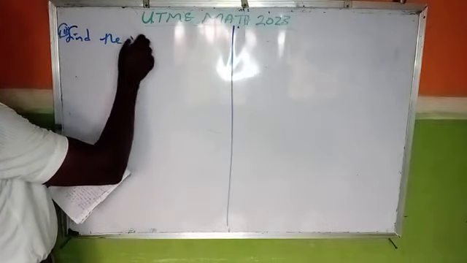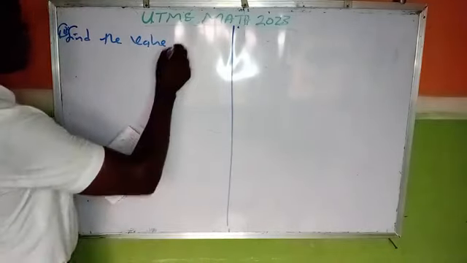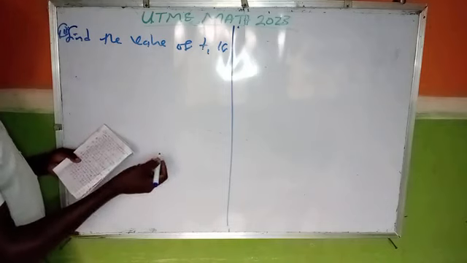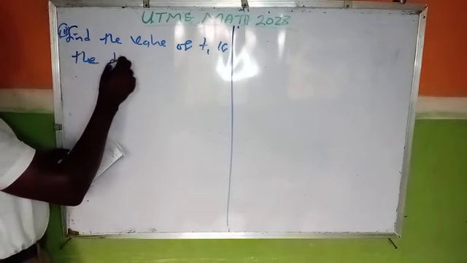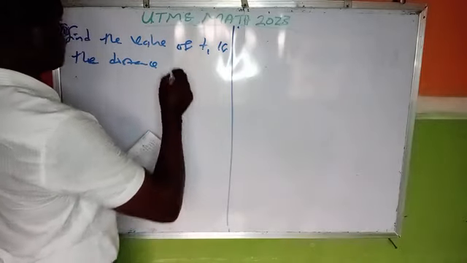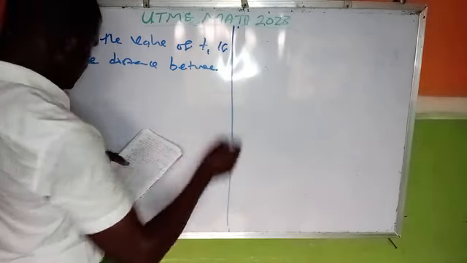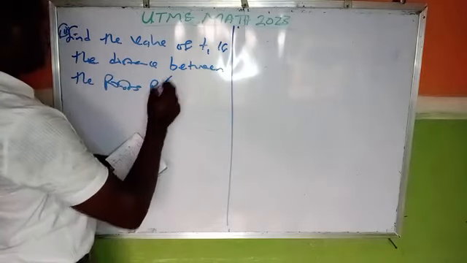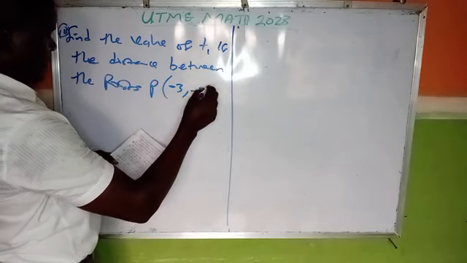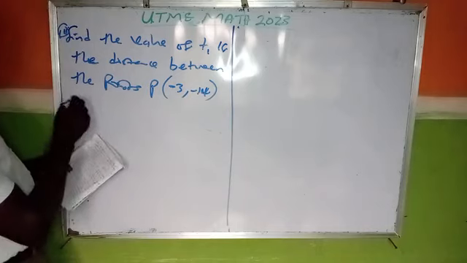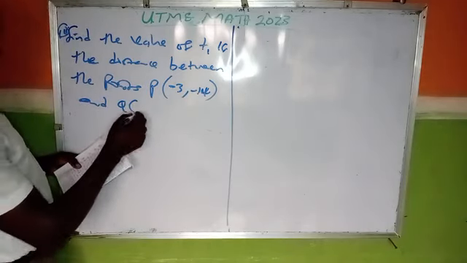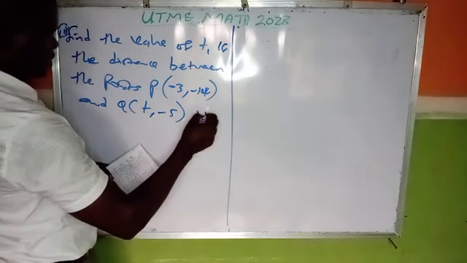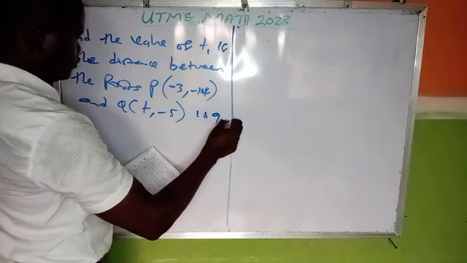Find the value of t if the distance between the points P(minus 3, minus 14) and Q(t, minus 5) is 9 units.